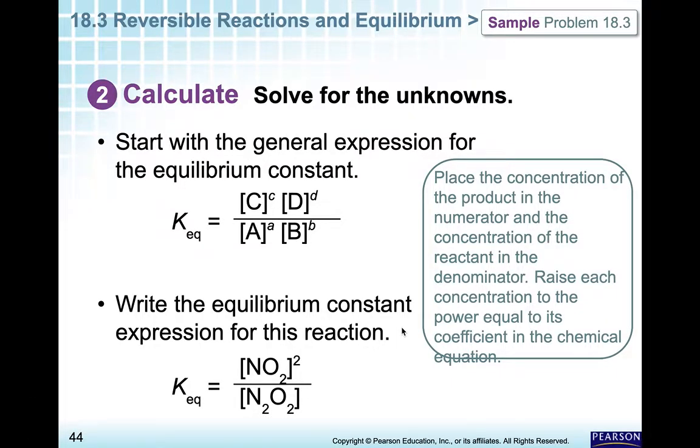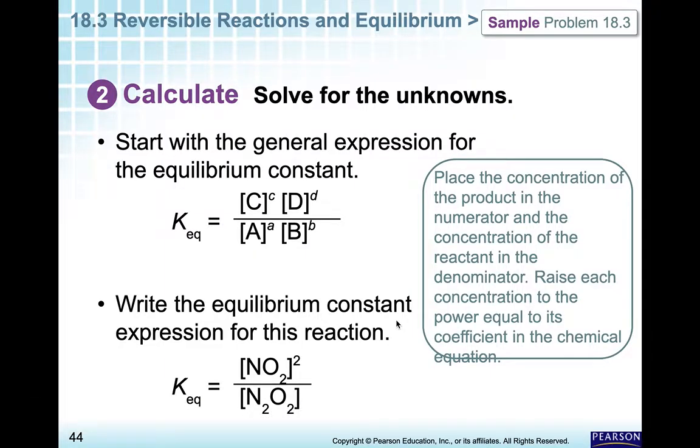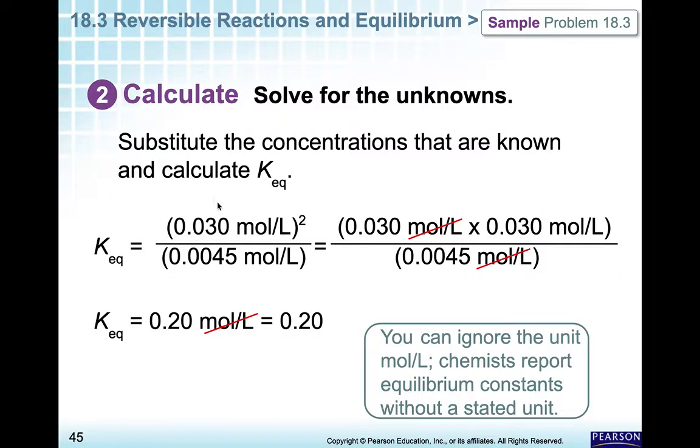And then to get the value for that, this is the ratio of products to reactants at equilibrium. To get an actual number, we just need to plug in those concentrations at equilibrium. Alright, and we already knew those. Those were given to us in our problem. And so we just plug those numbers in here.